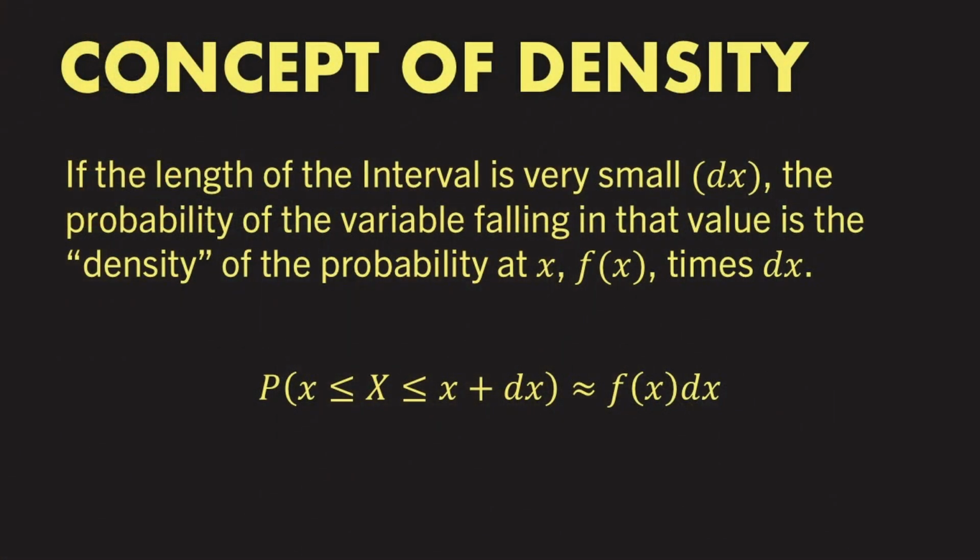We know that the probability of x being between little x and little x plus dx is going to be close to our probability density function, the one that's giving us the density of the probabilities, times that dx.